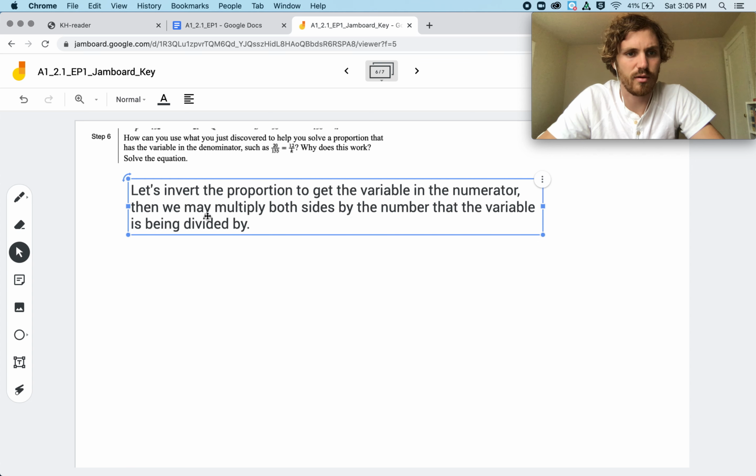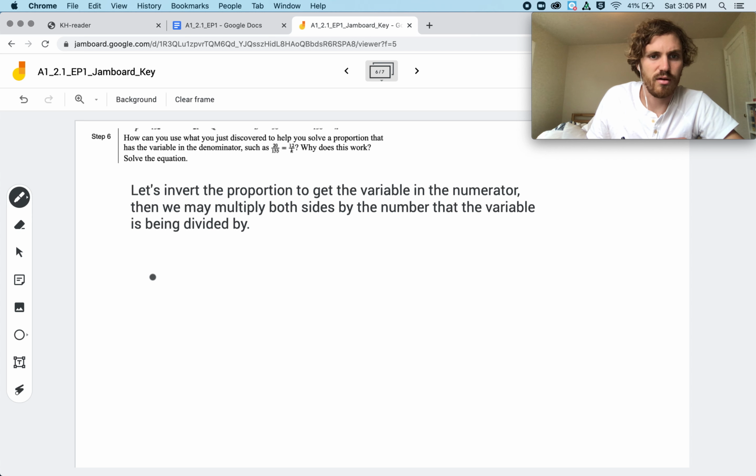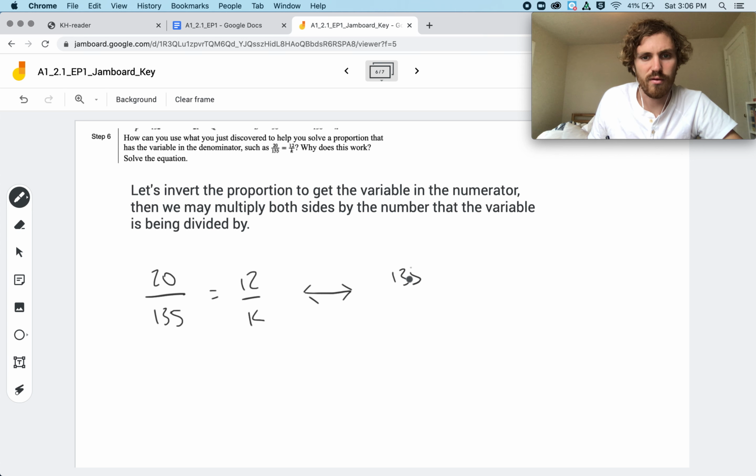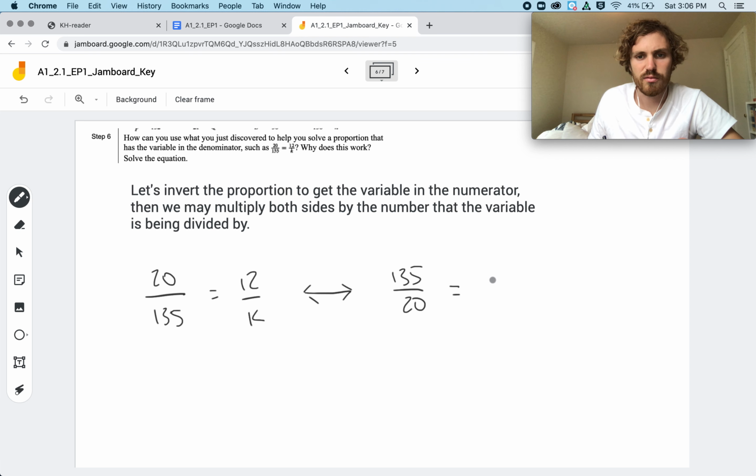So that's what we're going to do. So let's take this proportion and let's invert it. So 20 over 135 is equal to 12 over k. Let's invert it. And let's get 135 over 20. So we just flipped that ratio, is equal to k over 12.